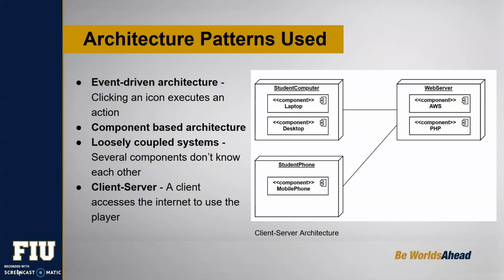You can connect the phone to the desktop, but once you have the app downloaded on each device, the apps don't know about each other. Both of these connect to a web server. This is the WebGL version of the app, where you can use a laptop, a desktop, or a mobile phone to go directly in and access the web version of it.